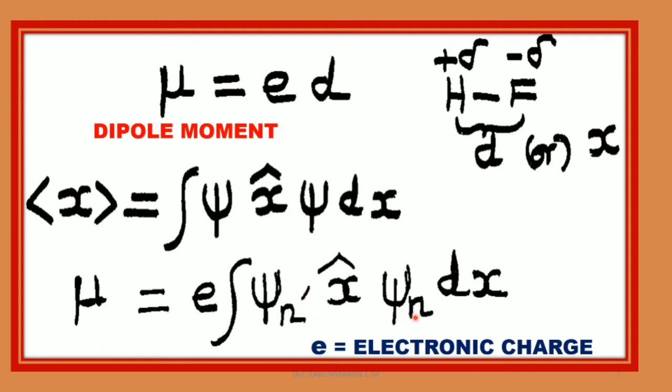So similar to the dipole moment of a molecule, the transition dipole moment integral is calculated by using this formula in quantum mechanics.